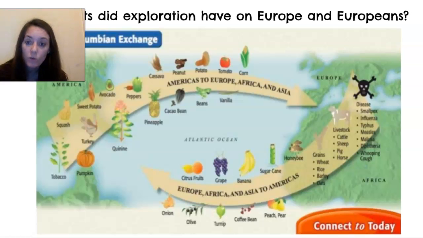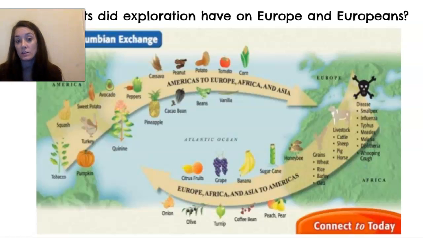Because of this, though, some other things ended up coming to the Americas. So before the Europeans came over, the Americas did not have the onion or the grape or the banana or the coffee bean, sugar cane. They also didn't have some grains like wheat, rice, barley, and oats. Livestock, such as cattle, pig, and horses, all came over to the Americas.